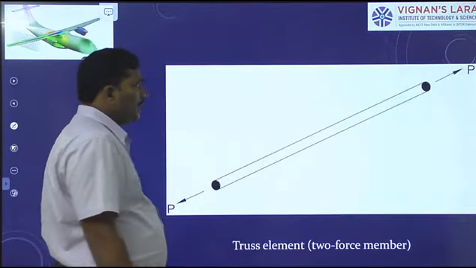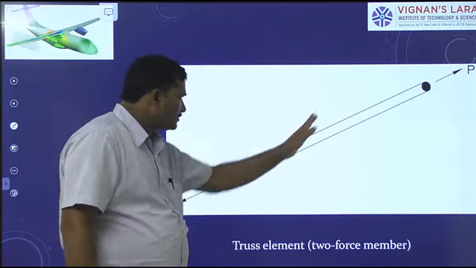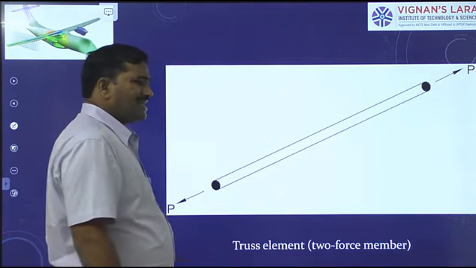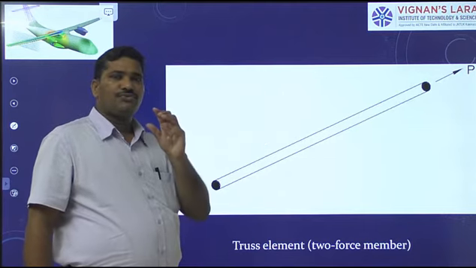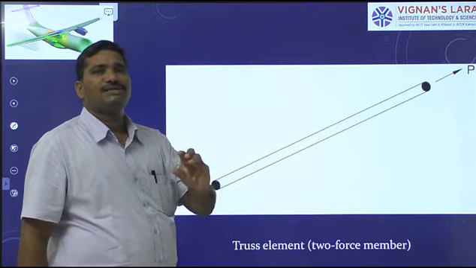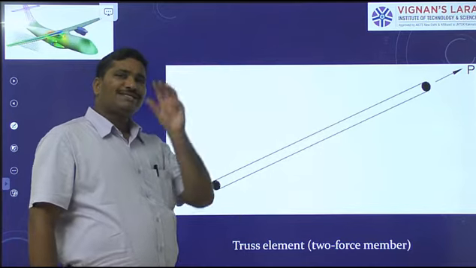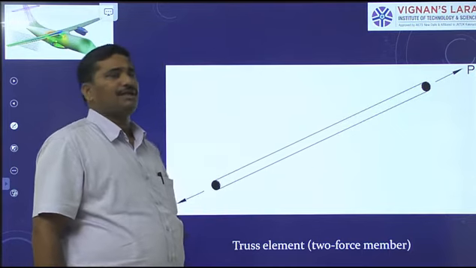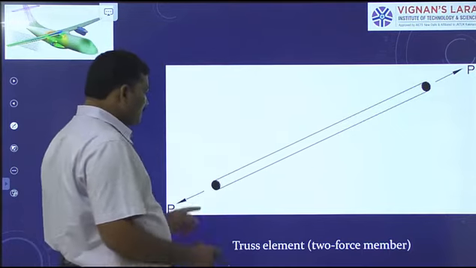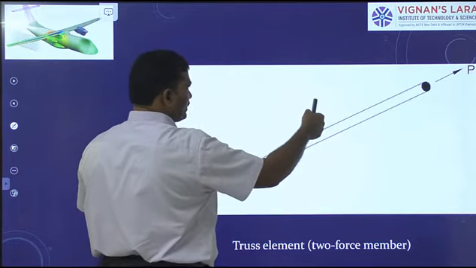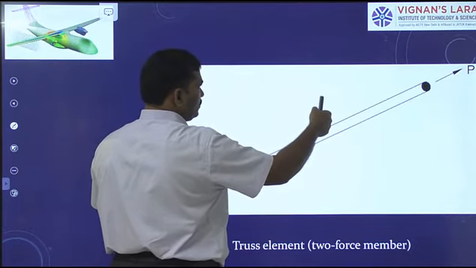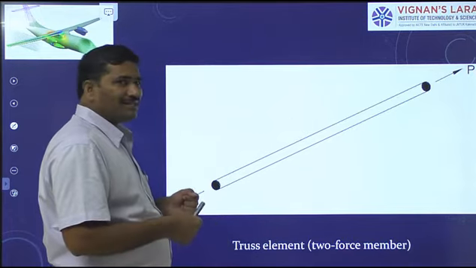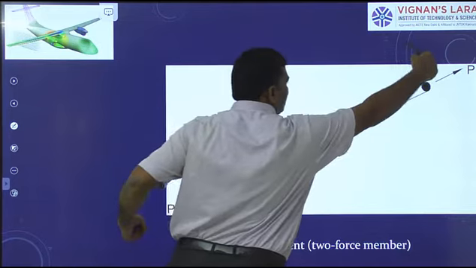Now, I take a truss member. If you observe, a truss member has the same, uniform cross-sectional area, right? The truss member may be subjected to two equal, opposite and collinear forces like this.